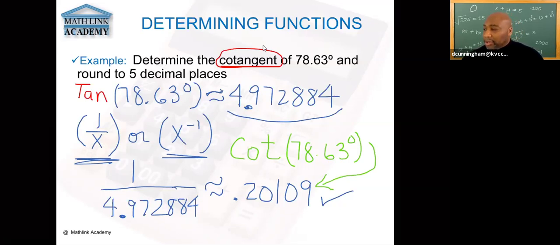I would circle that so you know that's my answer. That's how you determine functions of the cotangent, the secant, and the cosecant. Again, you've got to know which function of the big 3 is the reciprocal of the other one. That's how you do these problems for the other 3 trig functions.